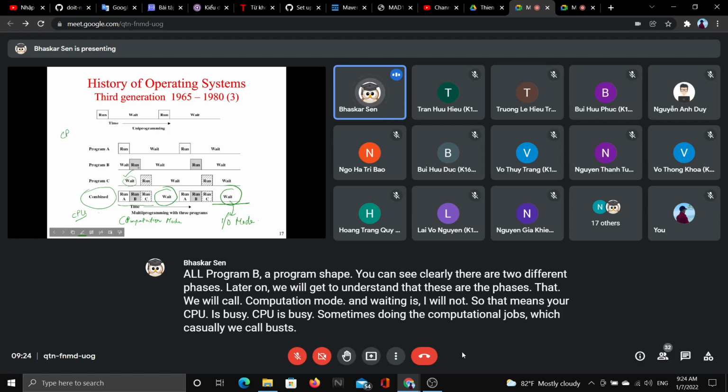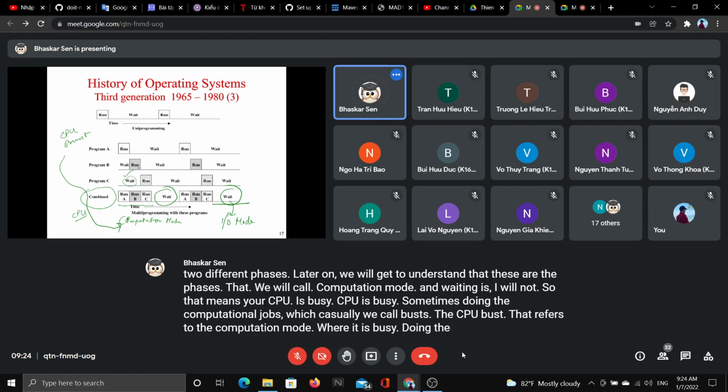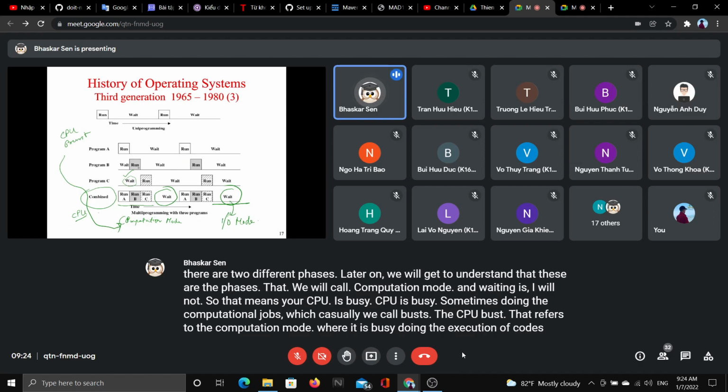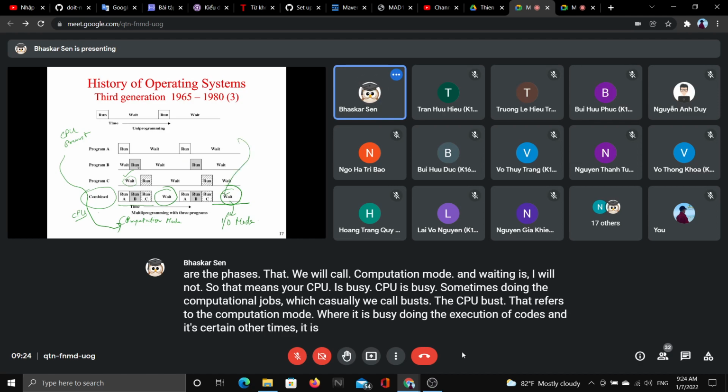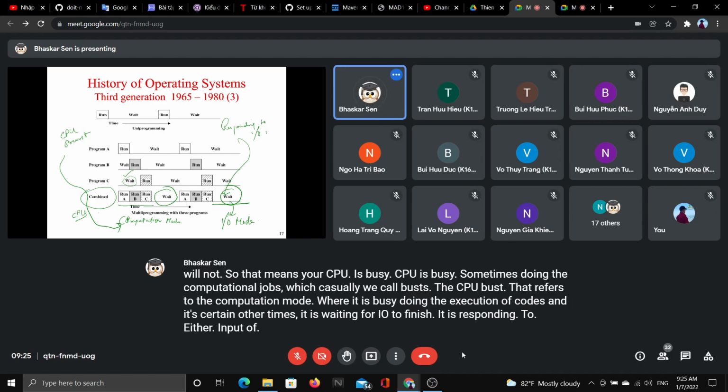The CPU burst refers to the computation mode, where it is busy executing code. And at certain other times, it is waiting for IO to finish. It is responding to IO, input and output.